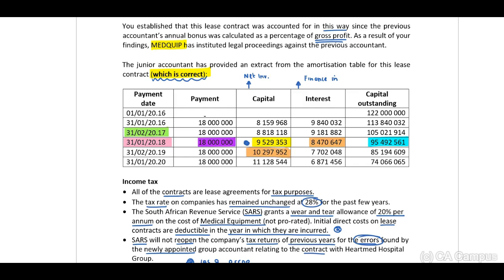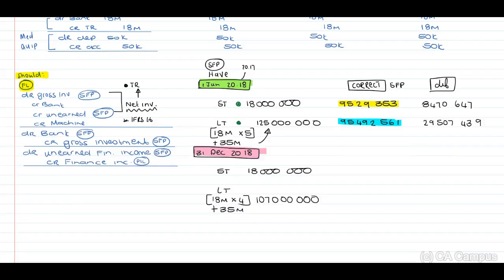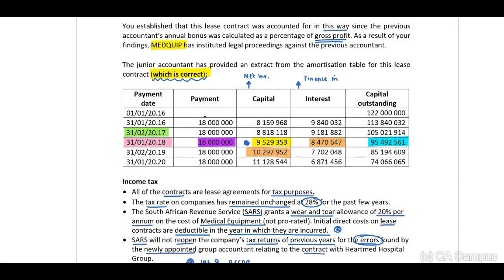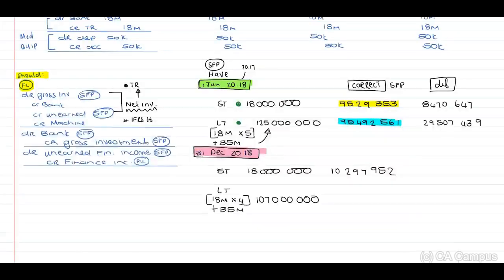We expect to receive this within the next 12 months, and this is the 10,297,952. And our long-term portion, you look at this, the long-term portion will be our 85,194,609. So this is 85,194,609. Happy.